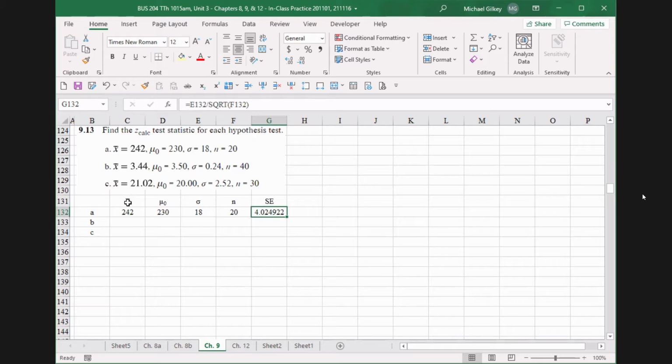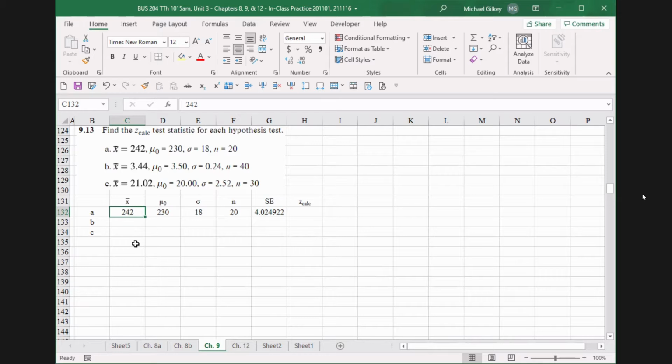Now I've got my x value, I've got my mean, and I've got my standard deviation. So now I can compute my z-calc, which is my calculated test statistic. It's my z-score that represents this value.